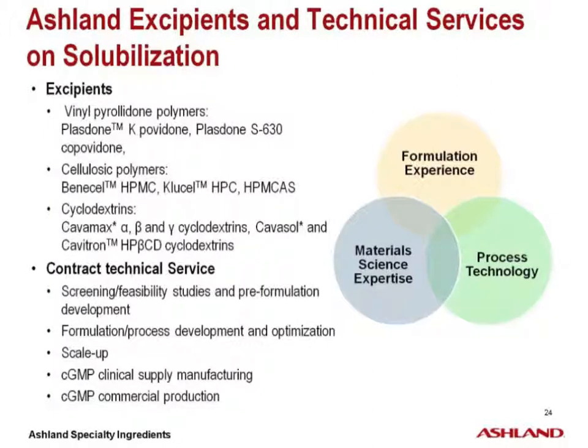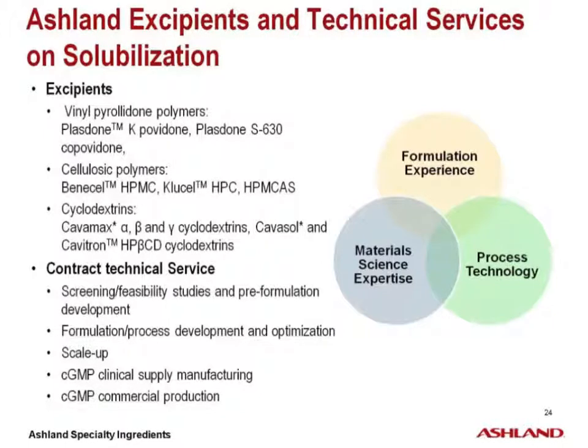To those who are not familiar with our relatively new identity yet, Ashland acquired Hercules in 2008 and ISP in 2011 and became one of the top specialty chemical companies with a very broad portfolio of pharmaceutical excipients.